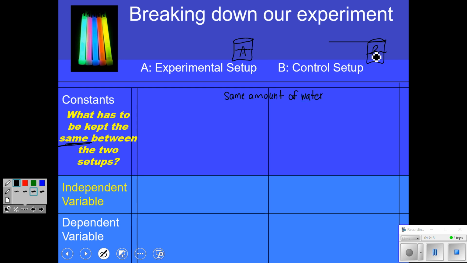The other thing that you're going to want to make sure is the same is maybe the same beaker. Same size beaker, same type of beaker. So those are the same. Now, when you go to introduce the glow sticks in, one of the things that you want to make sure are the same would be the color of the glow stick.